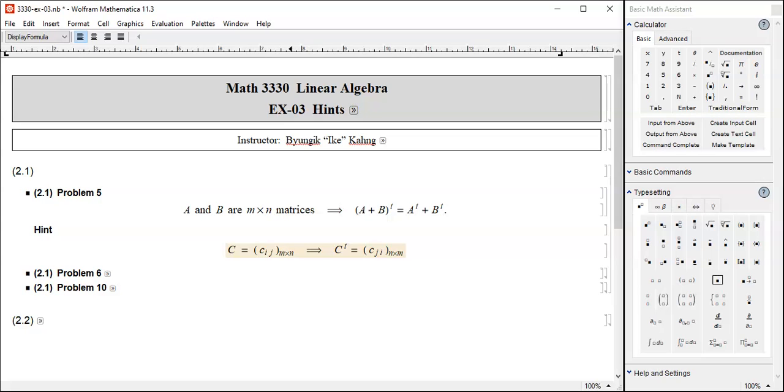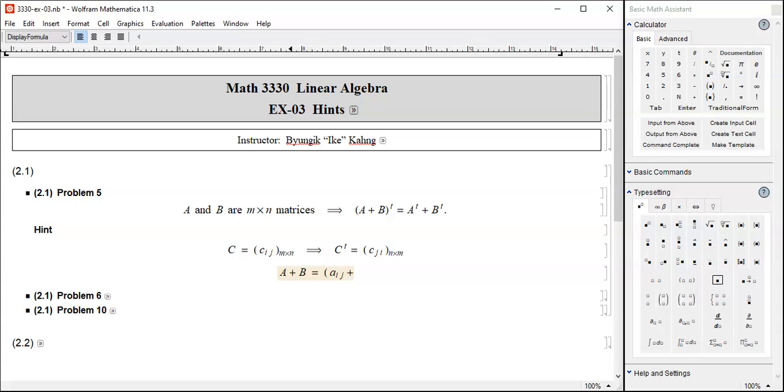So you apply that to this matrix A plus B, and then do some index computation. In the end, you should be able to get that. So this is what transpose is. And then what you have to prove: what is A plus B in matrix component expression? It's A_ij plus B_ij, isn't it?